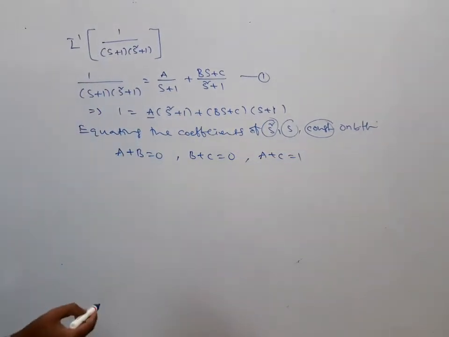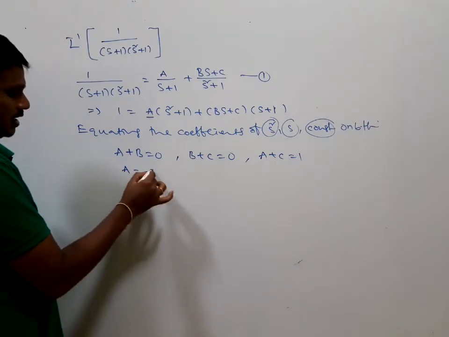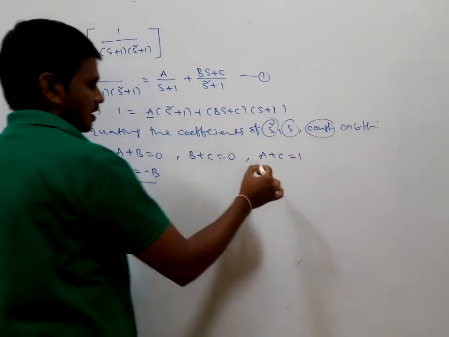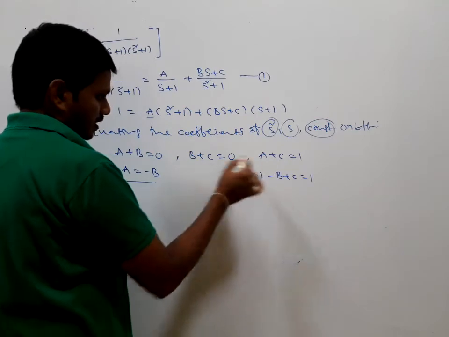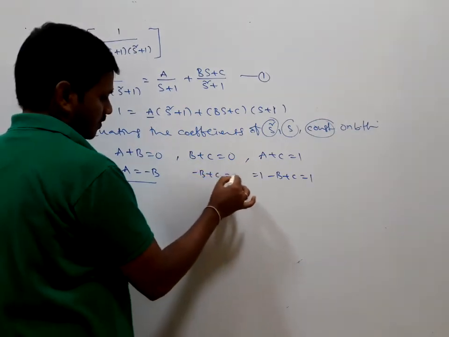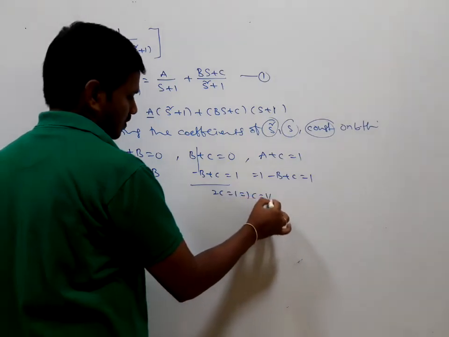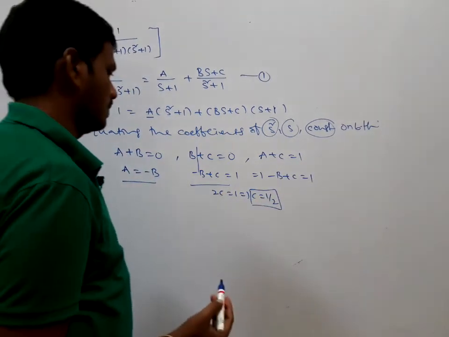So a is equal to minus b from the first equation. Writing this, minus b plus c is equal to 1. Adding these two, 2c is equal to 1, that implies c is equal to 1 by 2.